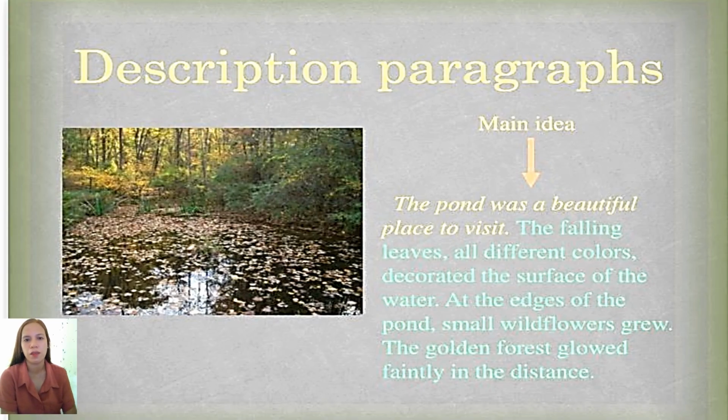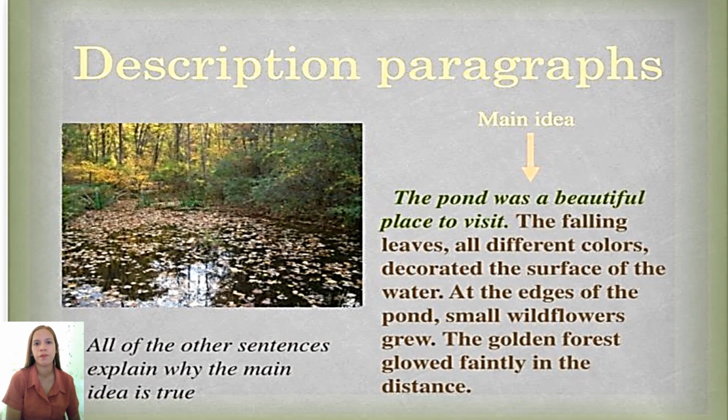Now let's determine the main idea in the given description paragraph. The main idea is located at the first sentence: the pond was a beautiful place to visit. All of the other sentences explain why the main idea is true. For example, the falling leaves, all different colors, decorated the surface of the water. At the edges of the pond, small white flowers grow.